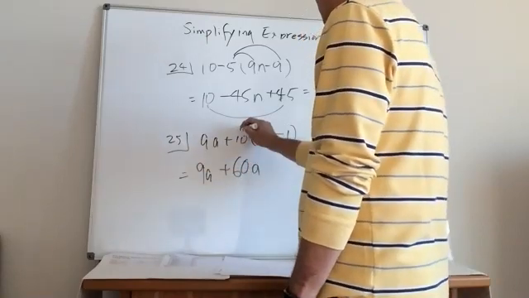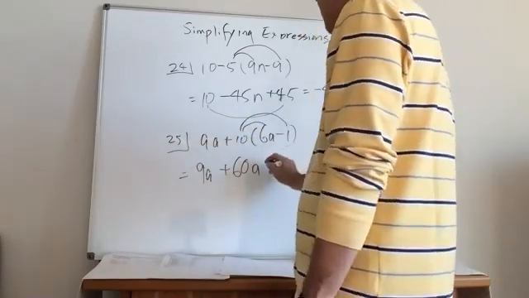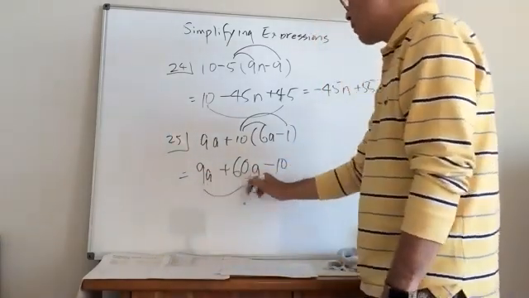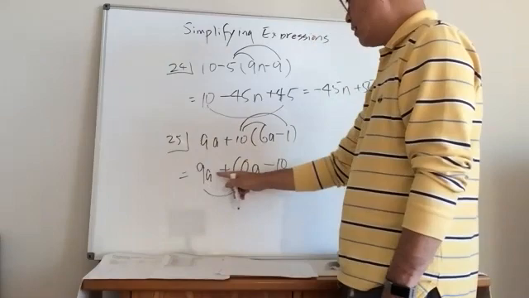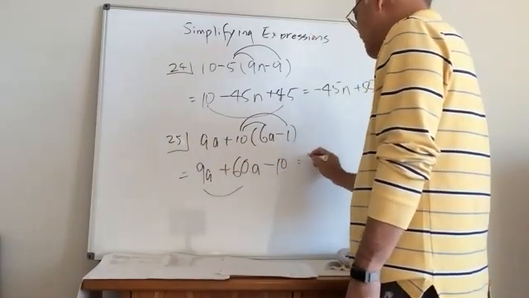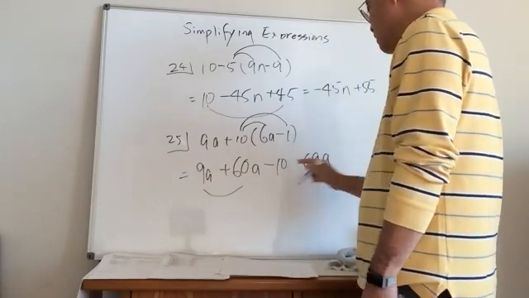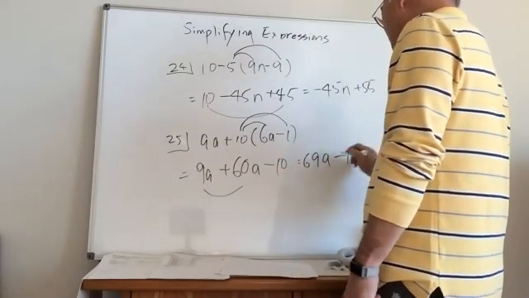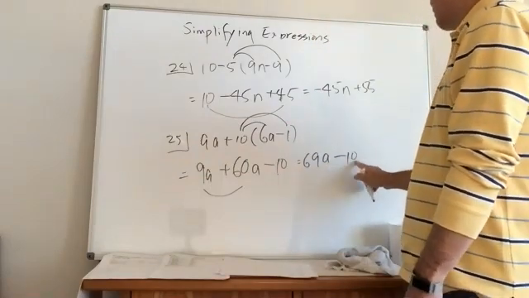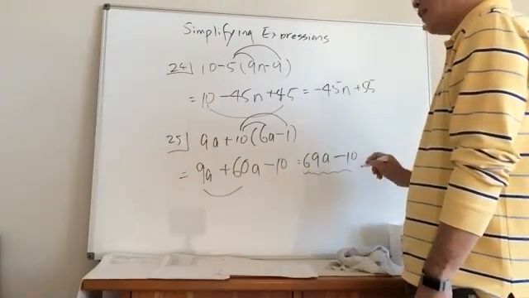And I have 10 times minus 1, which is minus 10. So I can combine these two together, right? 9a and 60a, because they both contain an a. So that's going to be 69a. And then this one stays the same, minus 10. I have one that contains an a, one that does not, so I'm done.